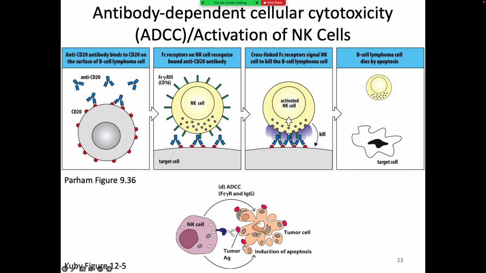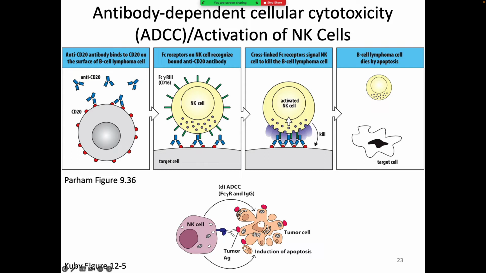Here we're looking at the activation of a type of cell called an NK cell, or a natural killer cell. The official name for this function is ADCC, or antibody-dependent cellular cytotoxicity.